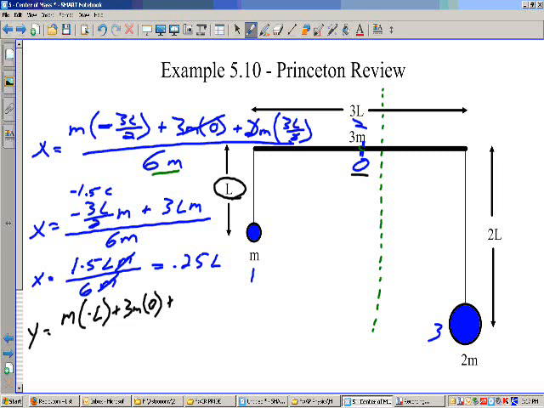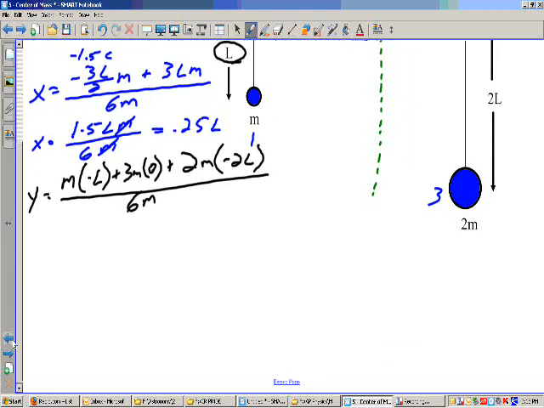Third point is the 2m mass, and that's negative 2L below my y-axis line. Once again, divide by my total mass, which is 6m.